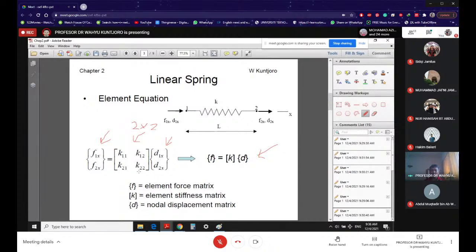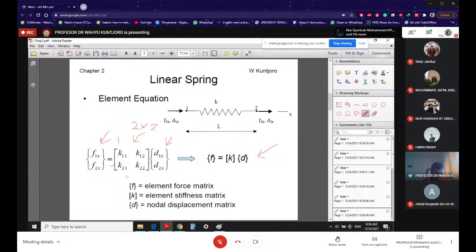This is matrix, which you learned long time ago. Make sure you understand all this. K21, for example, is going to be at row number 2, column number 1. That means it is K21.